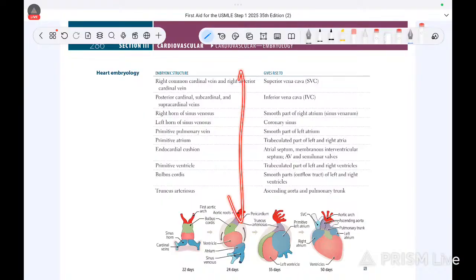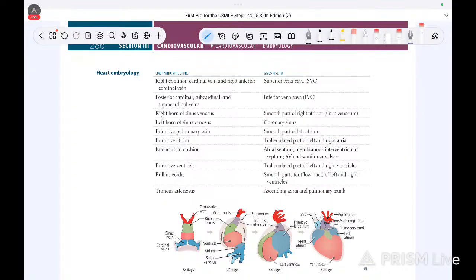Okay, coming to all this. The right horn of sinus venosus forms the smooth part of the right atrium. The left horn in turn forms the coronary sinus. The primitive pulmonary vein forms the smooth part of the left atrium. The primitive atrium forms the trabeculated part of the left and right atria.